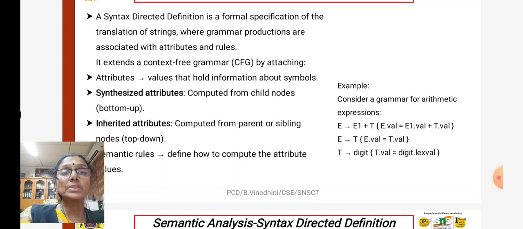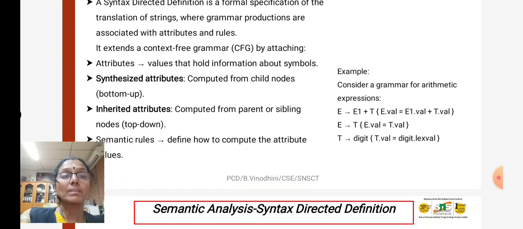The translation rules define how to compute the attribute values. What is an attribute? The value that holds information about the symbols is called an attribute.